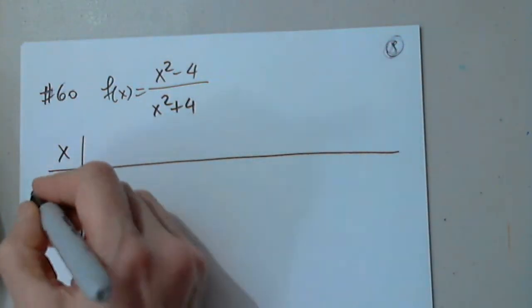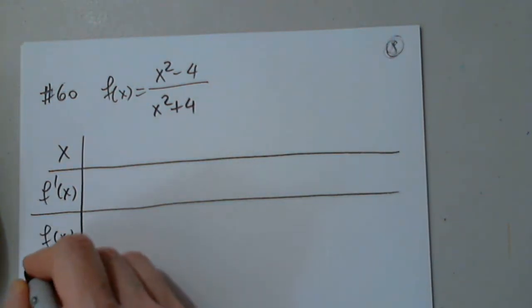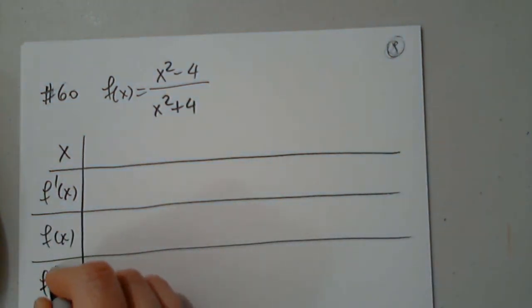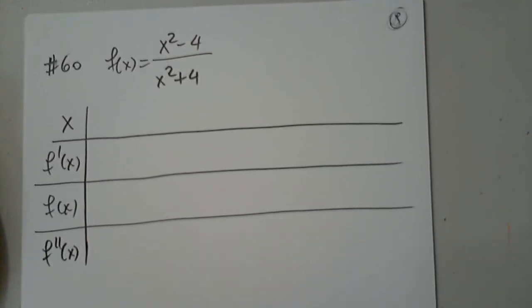Everything we need here: f prime of x, f of x, and the second derivative. Okay, so this is a rational function.